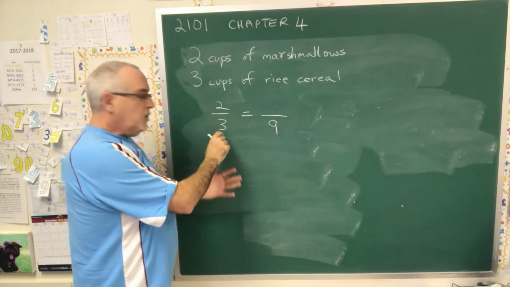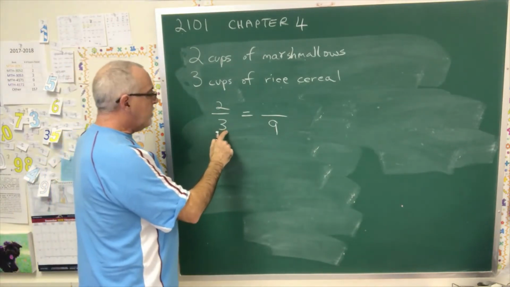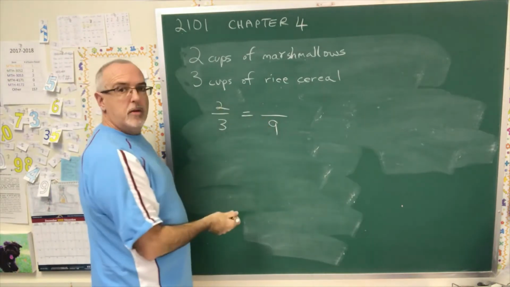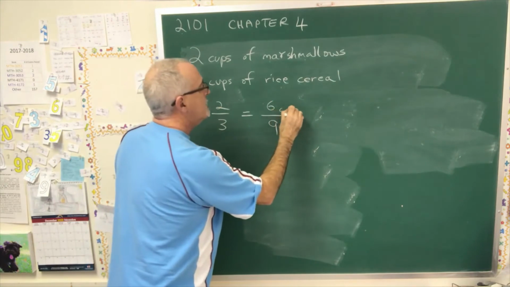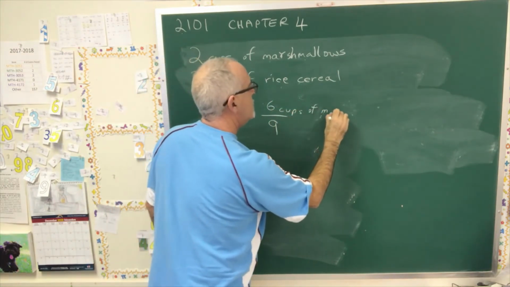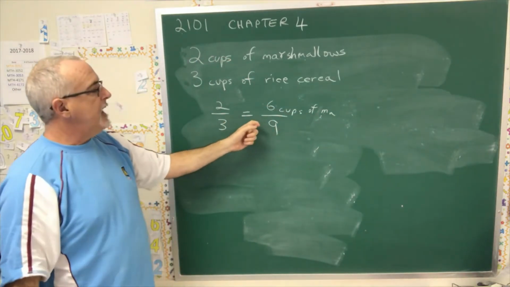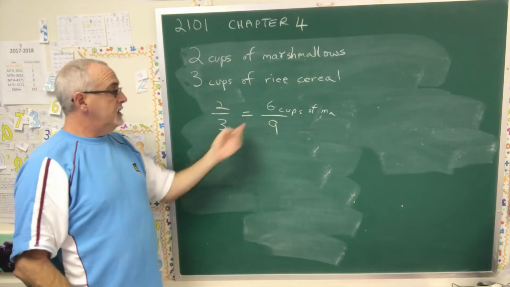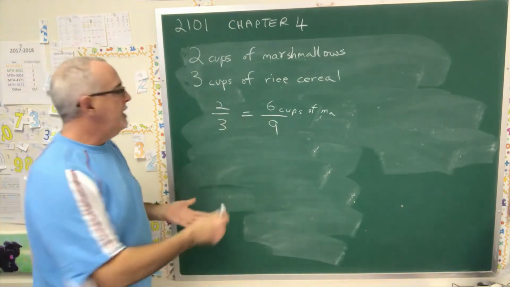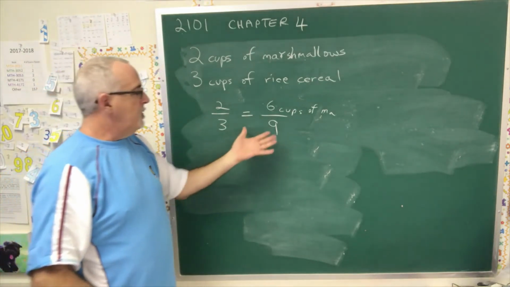And one quick way of solving this without even doing cross multiplication is I can see that 3 gets 3 times as big. 3 times 3 is 9. So I'll multiply the 2 by 3, and I'll get 6 cups of marshmallows. That is the correct answer. But that's happened so quickly and easily because this is an easy example. And the examples aren't always so easy. In fact, it's really about the number. The 3 and the 9 were really easy numbers to work with, so we were able to do a lot of this in our head.